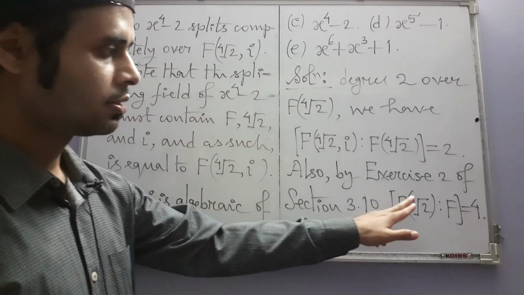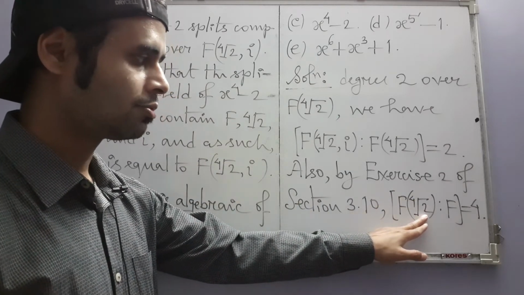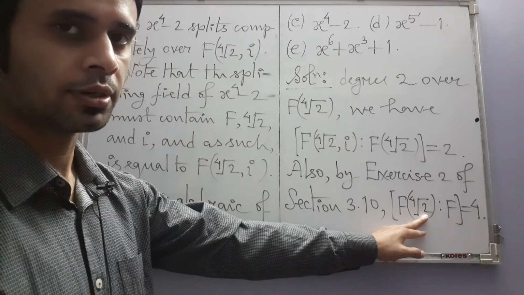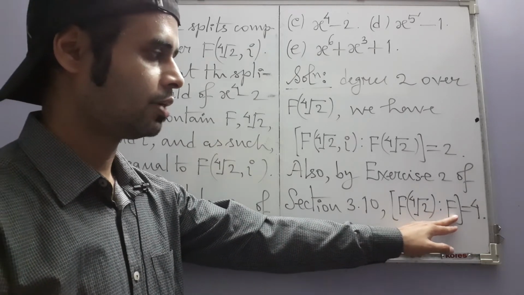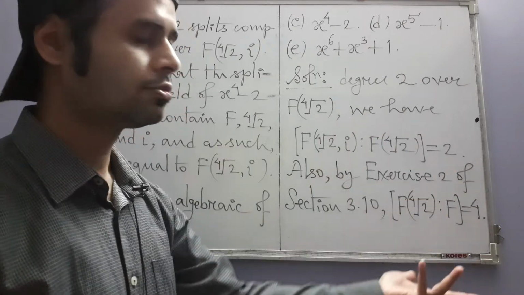In other words, the positive fourth root of 2 is algebraic over the field of rational numbers of degree 4.